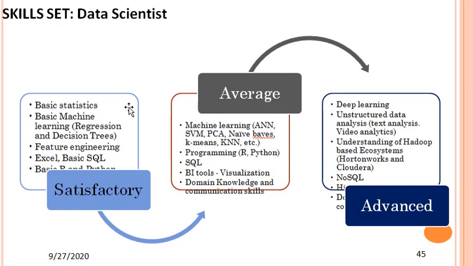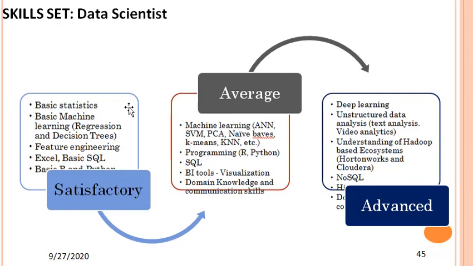You are processing your data in data science through machine learning algorithms. So a basic understanding of machine learning is very necessary. Basic machine learning is about classification and regression, and different types of regression and different types of classification. All these things come under basic machine learning.